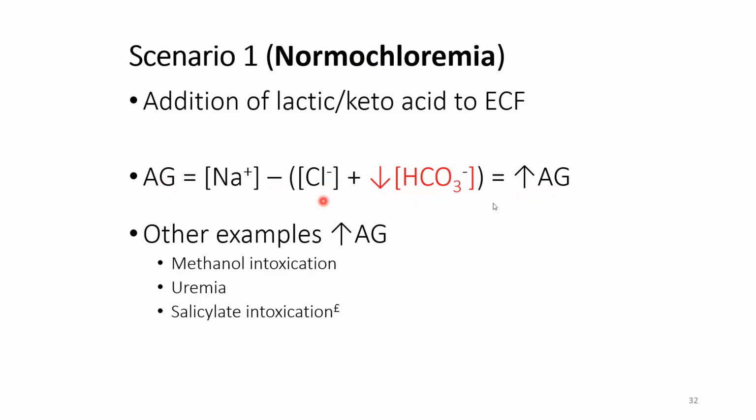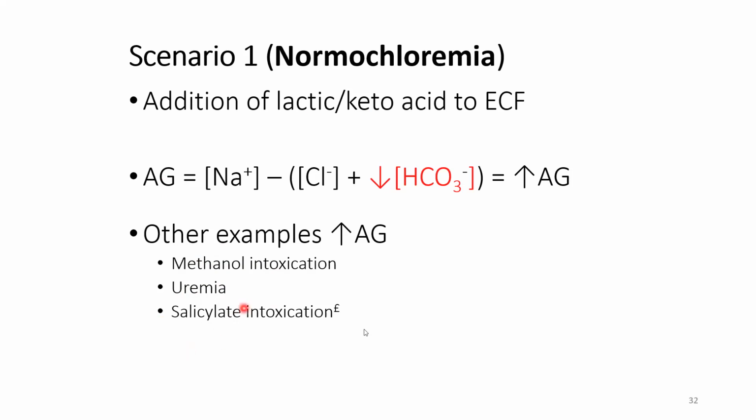In this particular case, when you have added certain anions like lactate or keto acids, or in methanol poisoning, you have formic acid forming. In uremia, you have sulfuric or phosphoric or hippuric acid retained due to kidney failure, or salicylate, which is basically another generic name for aspirin.